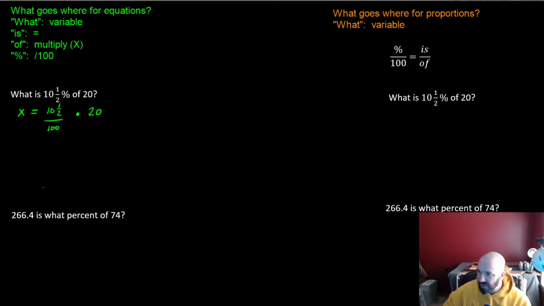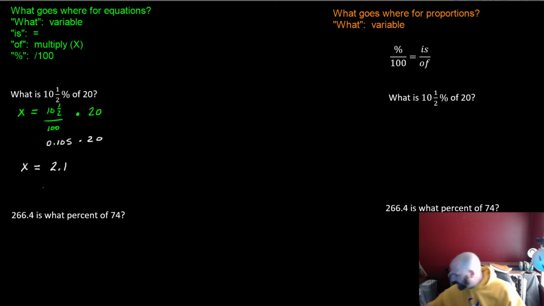This is going to give me 0.105 times 20. That moves the decimal place over one larger and then times 2, so this should be 2.1. So x is equal to 2.1, and that's all there is to it. I do have a calculator.